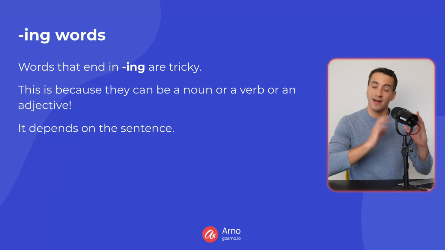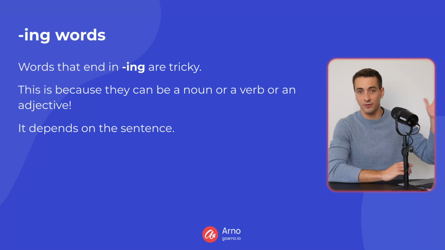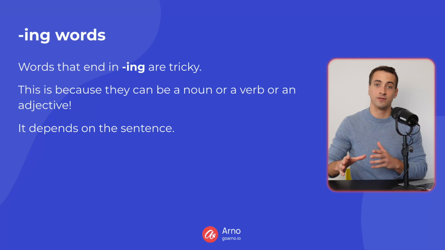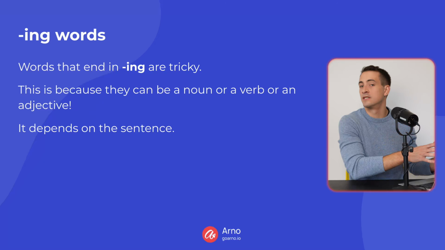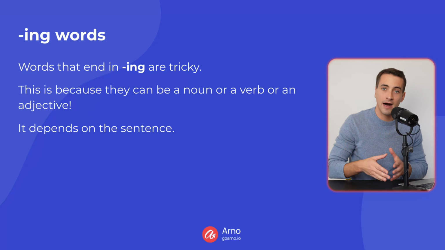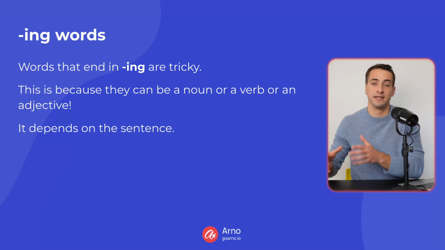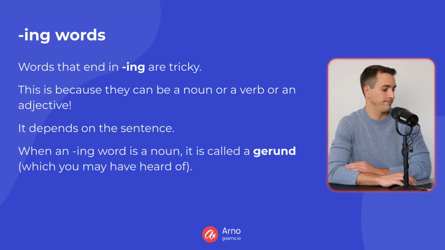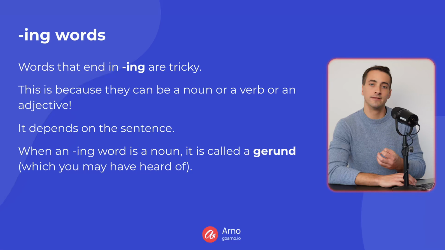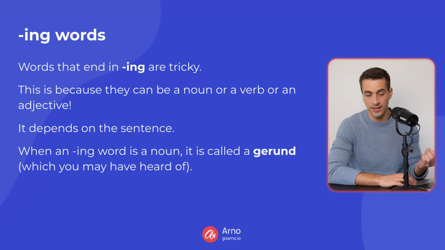And we have a bunch of lessons that cover all of this in detail. You can find them up here in the corner. So you can check those out if you like. But for the purposes of this lesson, just remember that ing words can be a noun or an adjective or a verb. It depends on the sentence. You may have heard of the term gerund, and all a gerund is when an ing word is used as a noun. Okay? If you haven't heard of a gerund, then don't worry about this.